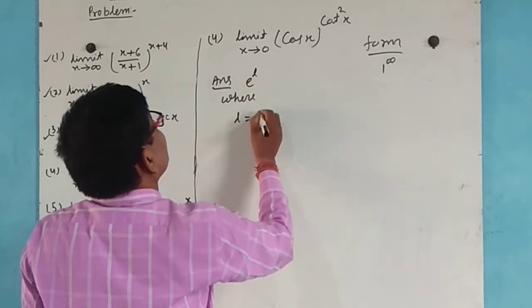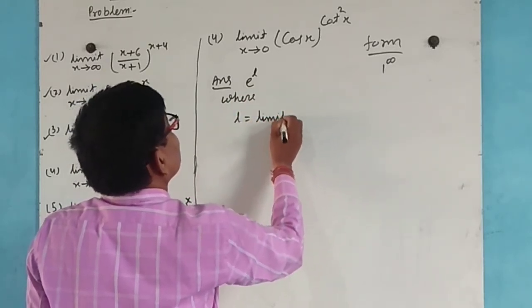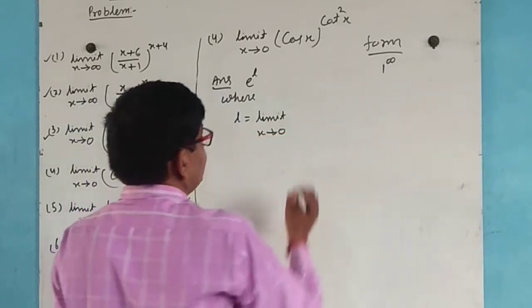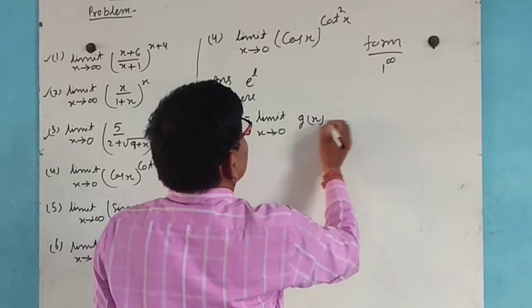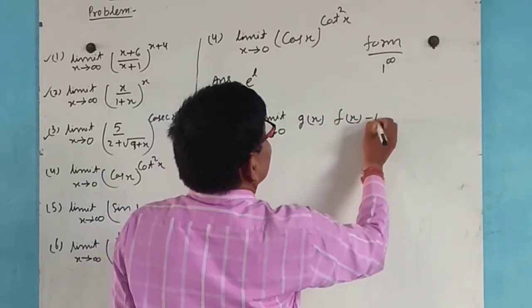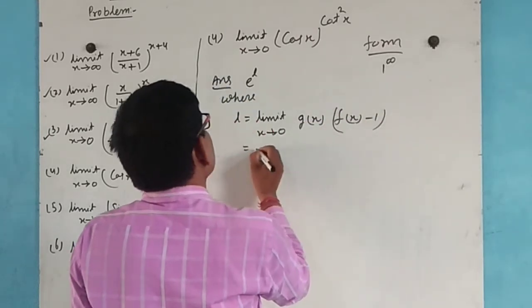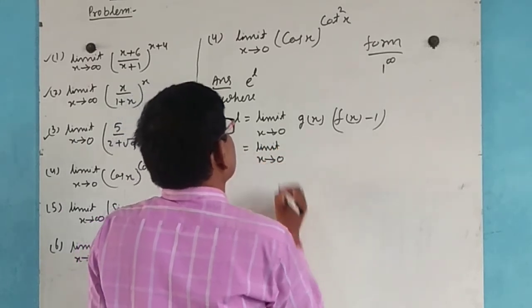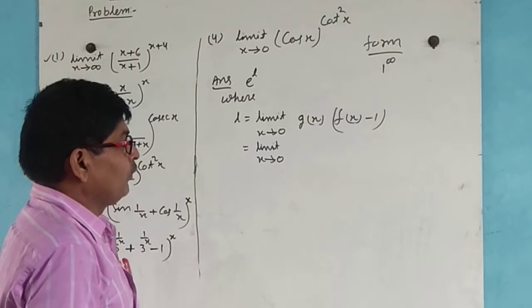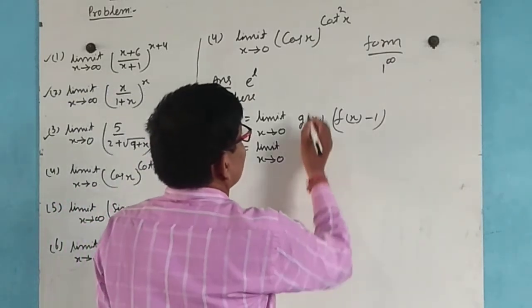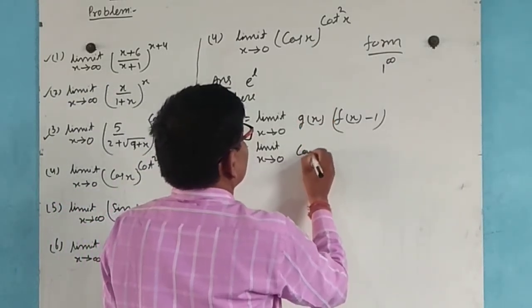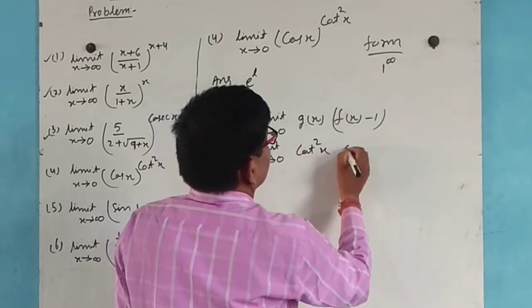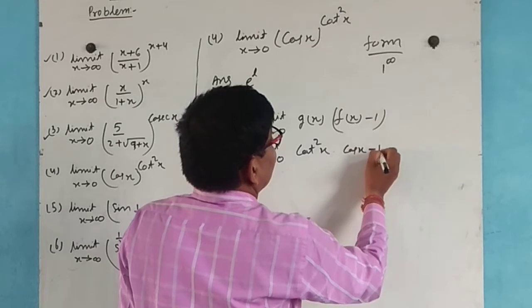L equal to limit x tends to 0 of g(x)(f(x) minus 1), where limit x tends to 0 g(x) equal to cot square x, f(x) is cos x minus 1.